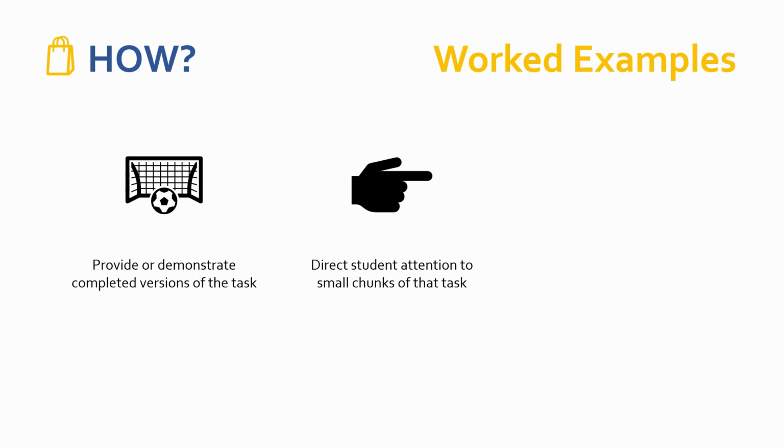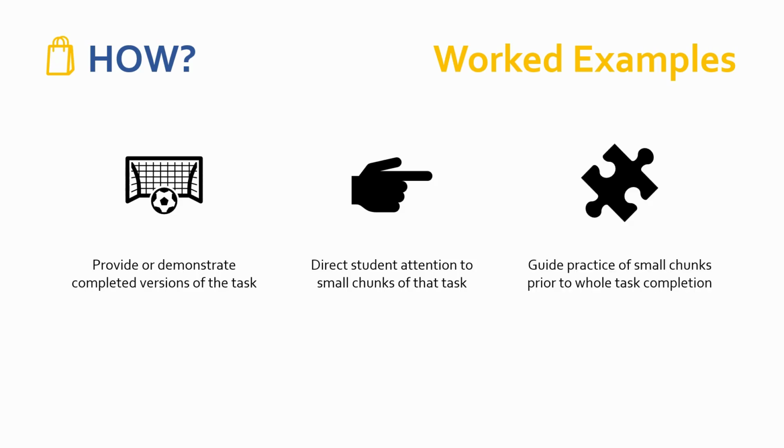You can do this either afterwards, looking back on your demonstration, or you can do it whilst you're demonstrating. Then guide practice. Guide the practice of those small chunks before you ask the students to complete the whole task. Now, once all the parts are in place, you can then dispense with the worked examples for that task.